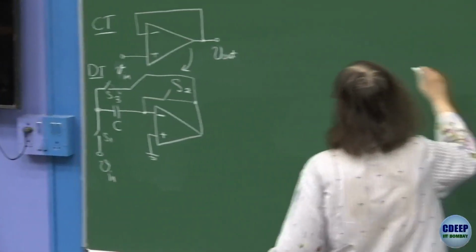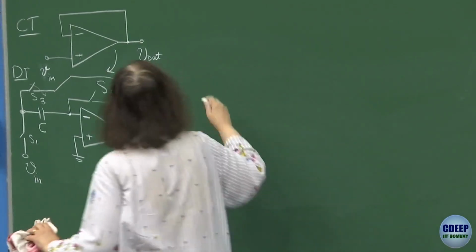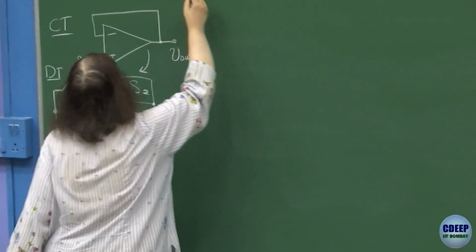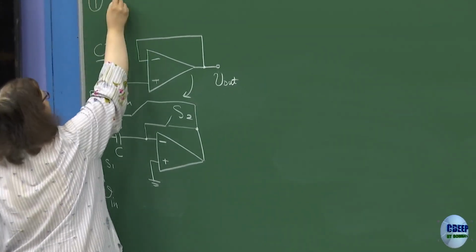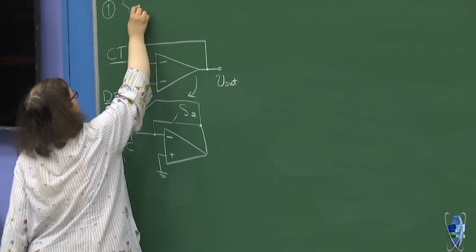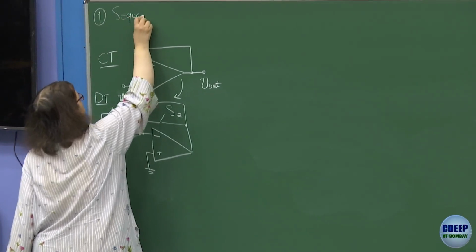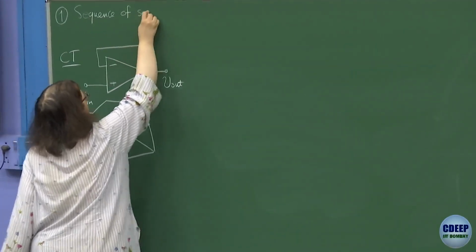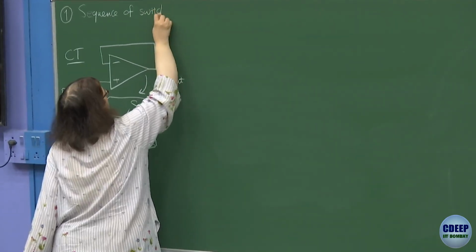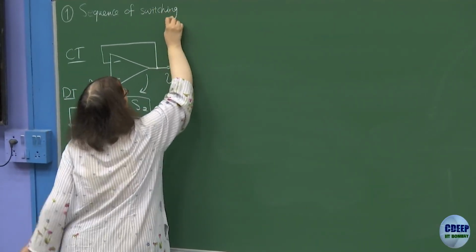Then we had few things that we should always remember. One was sequence of switching. Which switch will turn on first? And sequence of turning on and turning off in general.